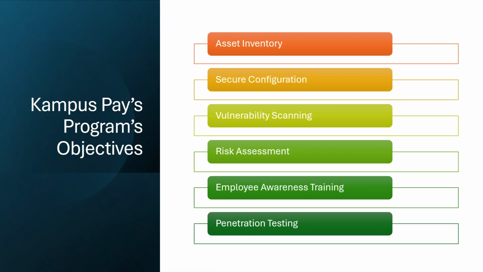And we'll talk about the program objectives, and these are all the steps you always want to conduct: asset inventory, secure configuration, vulnerability scanning tools. You want to use something like Nexus. You want to use anything from CrowdStrike, anything that OWASP recommends.